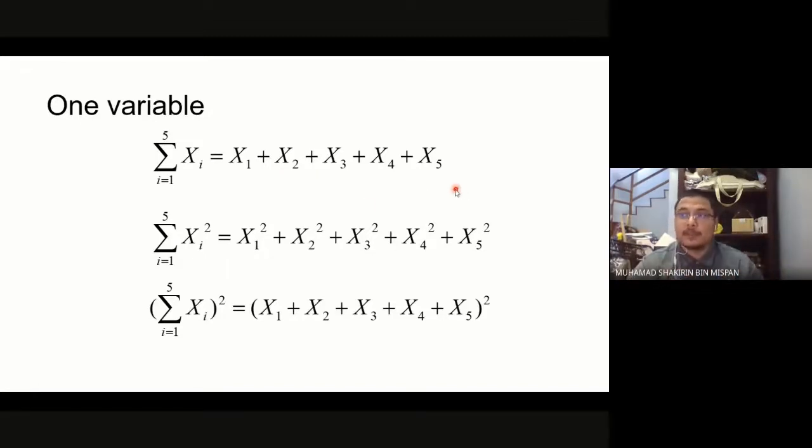Let's say we have another notation here, say with a square. If this is the summation of x1, x2, x3, x4, x5, but you have parentheses in the summation, you need to do the summation inside the parentheses first before you apply the other operation, either square root or square, something like that.